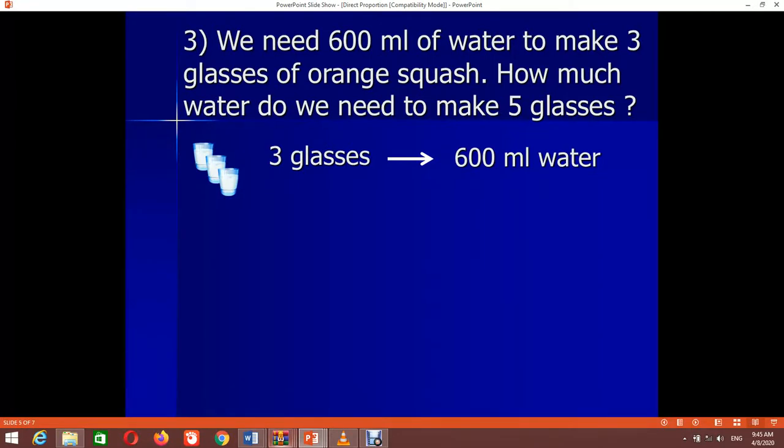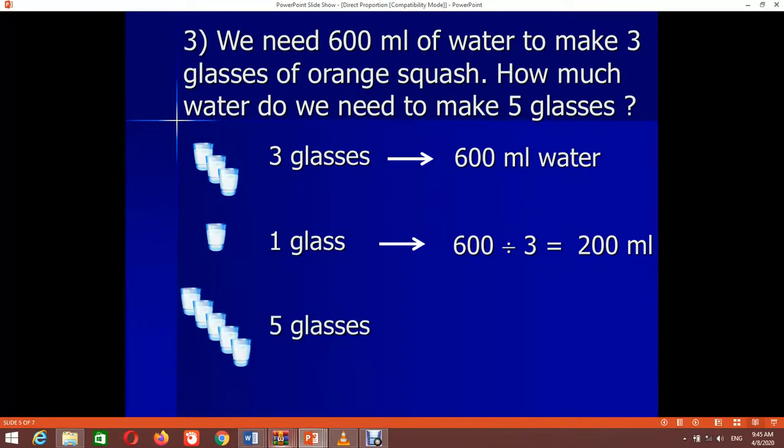If 3 glasses will give us 600 milliliters of water, therefore what will be 1 glass? 1 glass will be what? 600 divided by 3, which is equal to 200 milliliters.